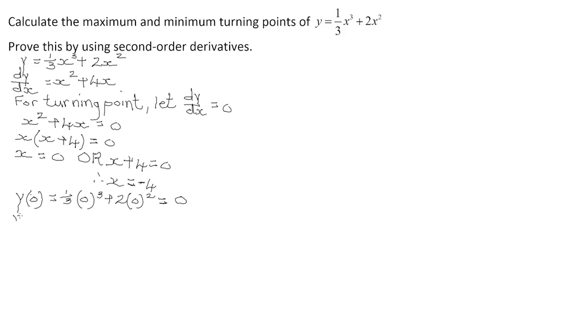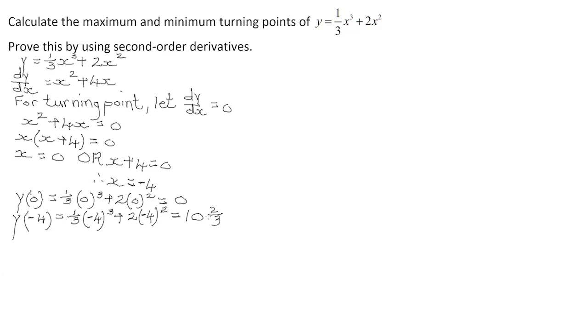And then what will y be when x is negative 4? Exactly the same, a third times negative 4 cubed plus 2 times negative 4 squared, and if you use your calculator and you punch that in, then you will get a value of 10 2/3. You can test that on your calculator.